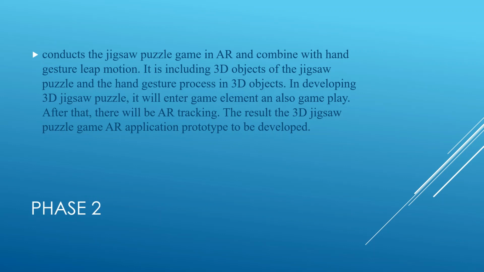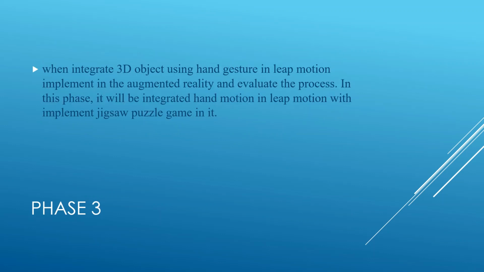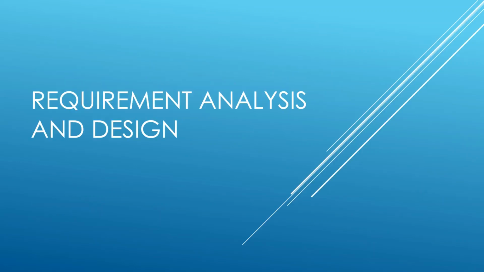The last phase is where we integrate 3D objects using hand gesture in leap motion, implement it in augmented reality, and evaluate the process. In this phase, hand motion in leap motion will be integrated, and we implement the jigsaw puzzle game in it.